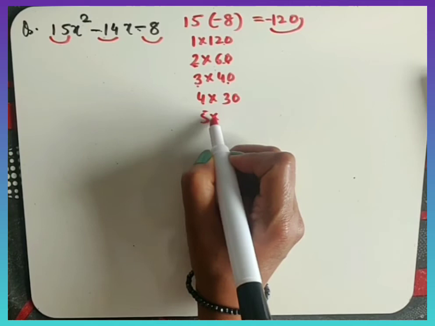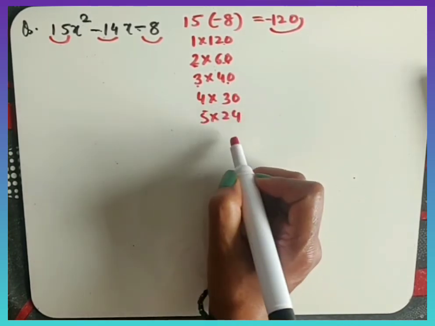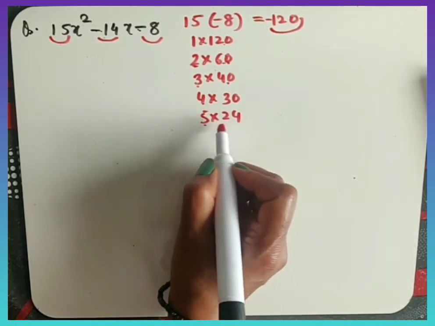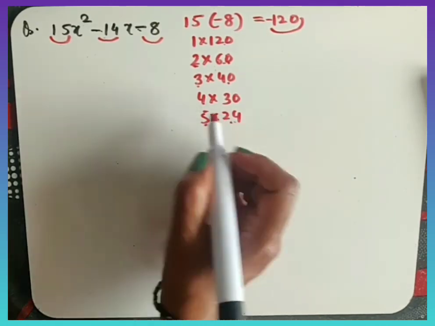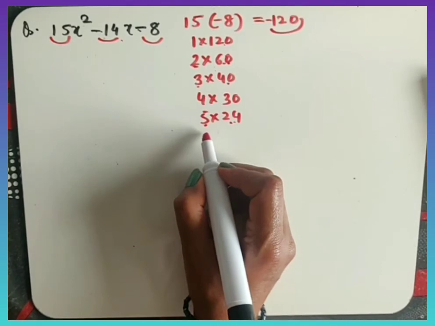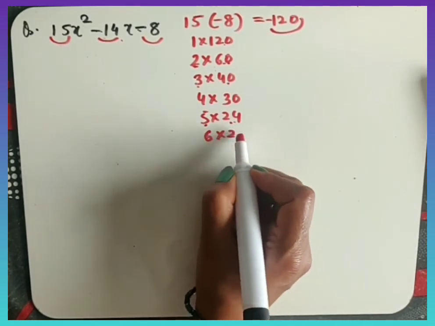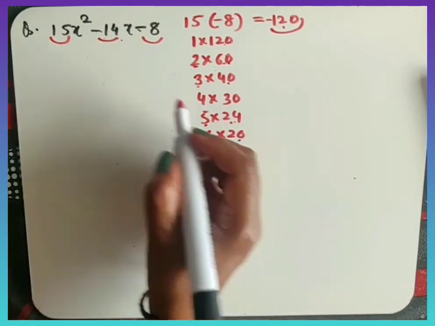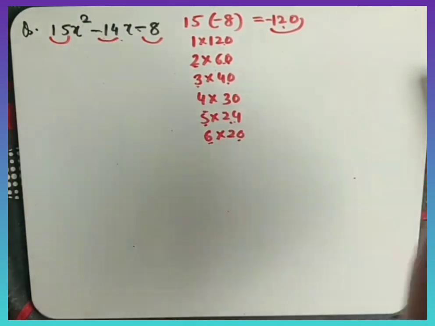Now 5 multiplied by 24 will give you 120, but by adding or subtracting it will not give me minus 14. Now 6 multiplied by 20 will give you 120, and by adding and subtracting I can see it will give me minus 14. How?